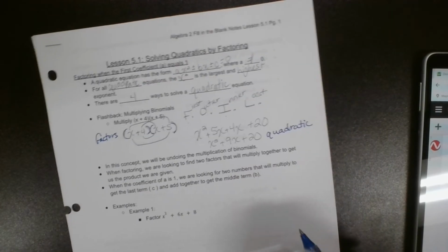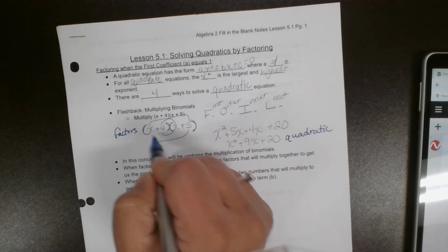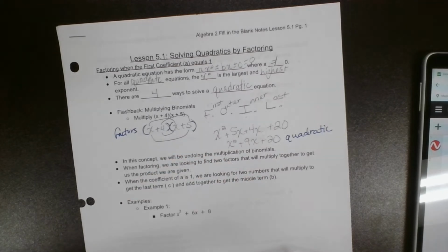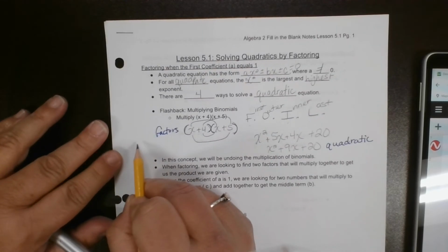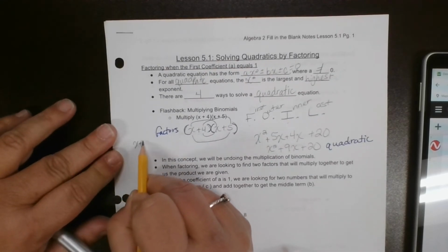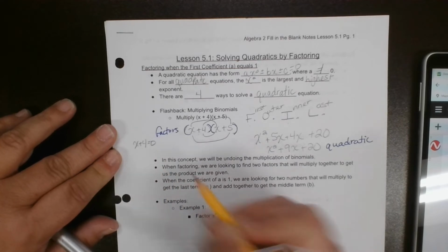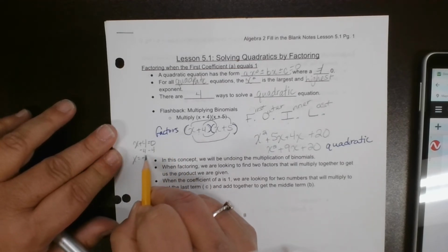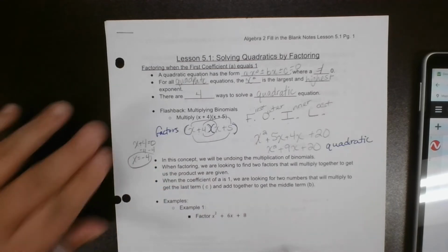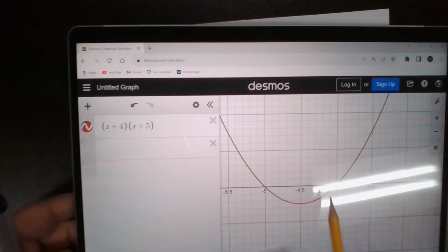Those are called the zeros. So if I have this x plus 4, and I want to make that x equals, it would be x plus 4 equals 0, and then I subtract that 4 from both sides, I'd wind up with x equals -4. That is this 0 on the graph.